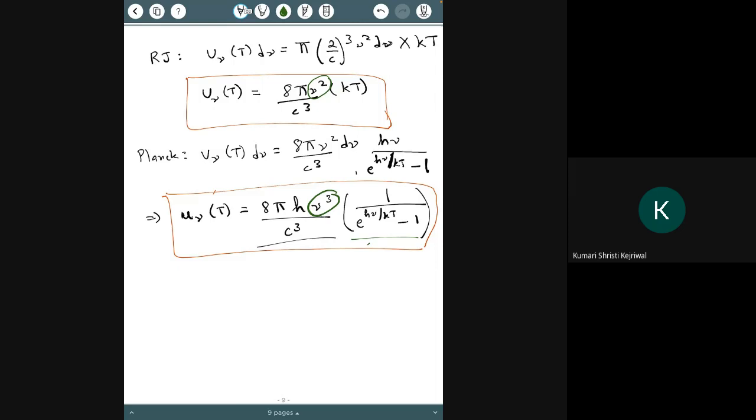Okay. So let's do something else. We'll try to see in what limit Planck's law goes over to Rayleigh-Jeans law. So this is the next thing. You saw that we only made a very small change in the derivation, but it resulted in quite a remarkable change in the final function.